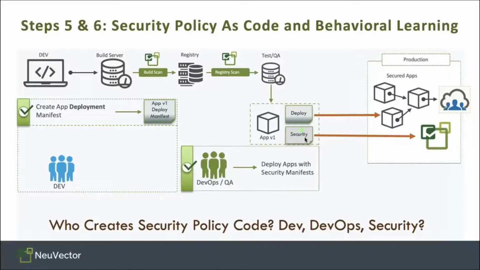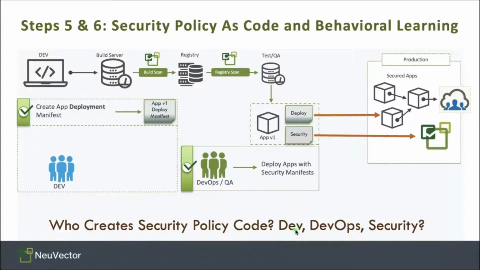Now, we should also be able to create a security manifest that's also in a Kubernetes native YAML file that can prescribe what application behavior is allowed in this application, and that can be pushed into the production environment to protect those workloads and bound those, or virtually patch those, as I mentioned. The key question here is, who's going to create this security policy code?